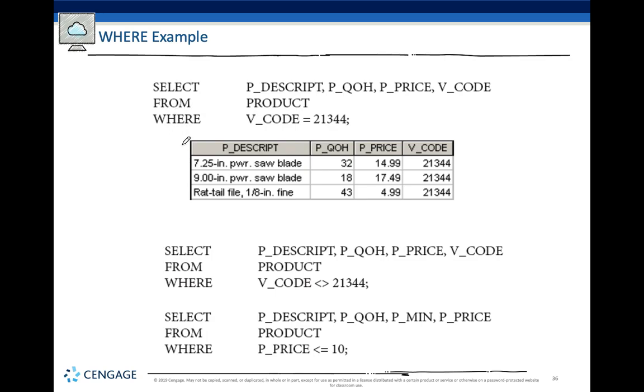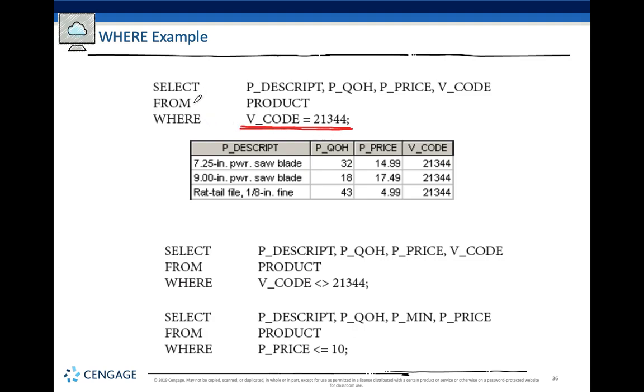So here we have a very simple example where we only want products from a certain vendor, right? So the question we're answering is, what products are supplied by the vendor with vendor code 21344, right?